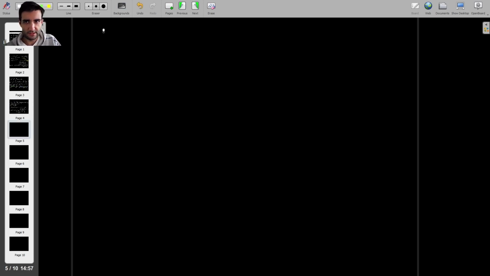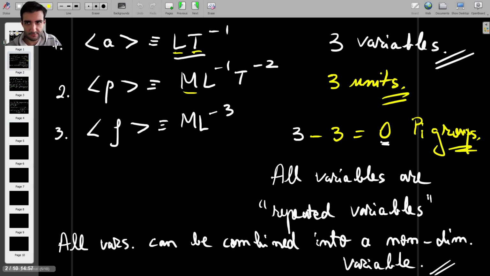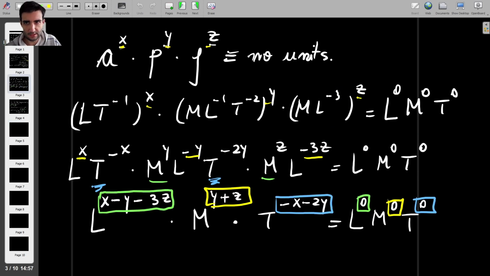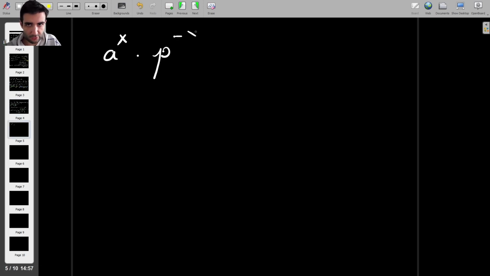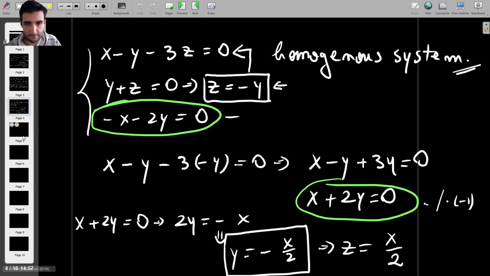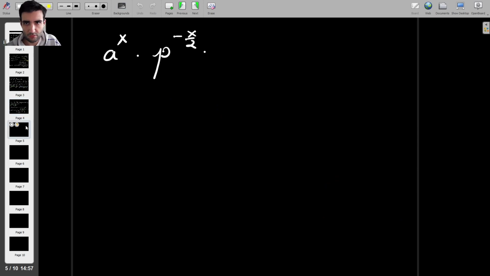We have the power of a, which is x, then the next parameter is p, to the power minus x over 2, times rho to the power x over 2.